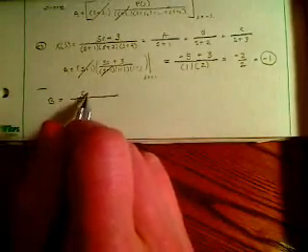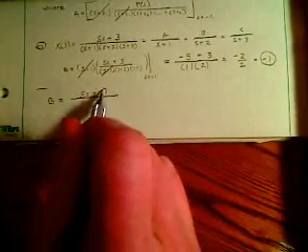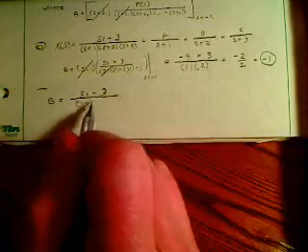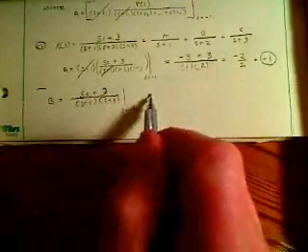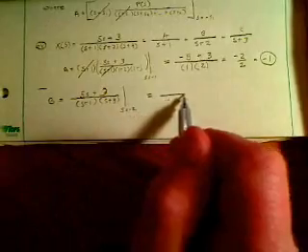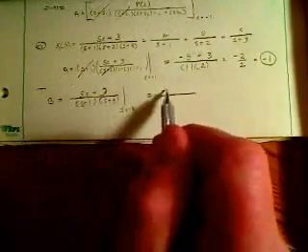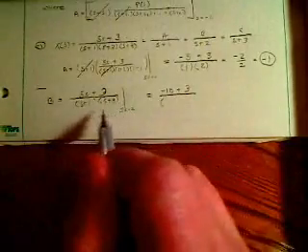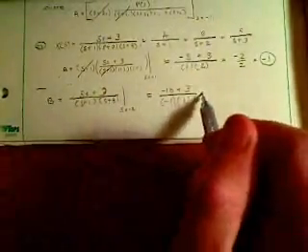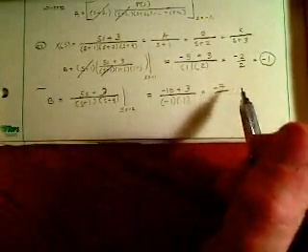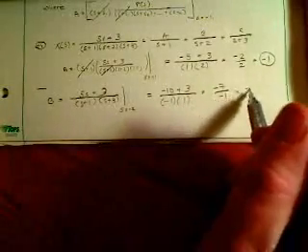So I've got 5s plus 3 over s plus 1, s plus 3, evaluated at s equals minus 2, and that's going to be minus 2 times 5 is negative 10, plus 3 over negative 1, positive 1, negative 7 over negative 1 equals 7.